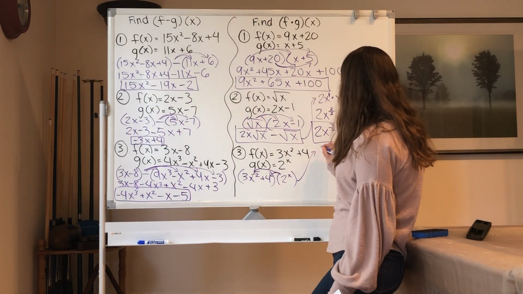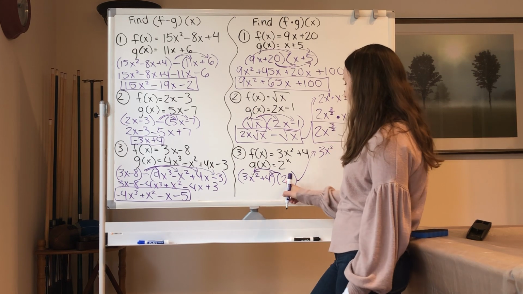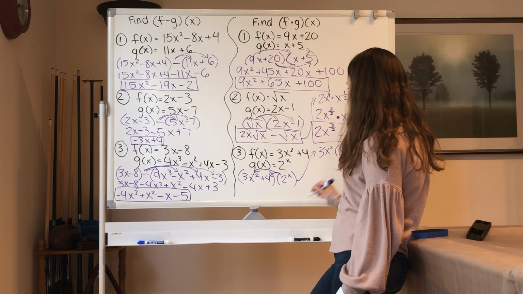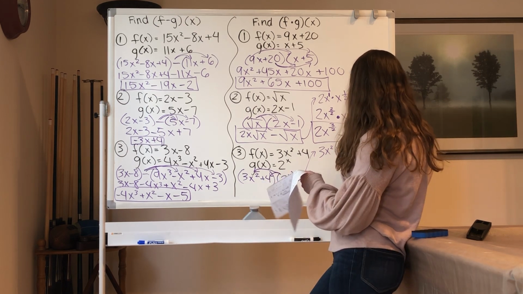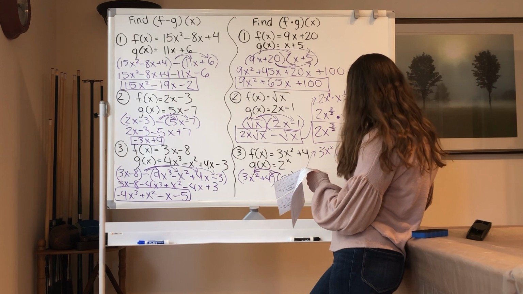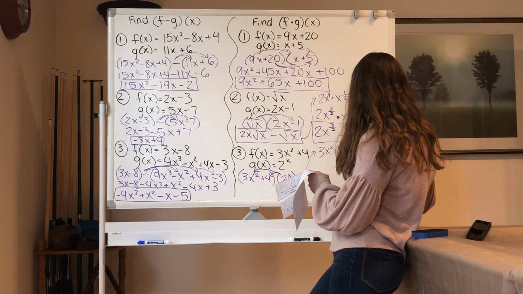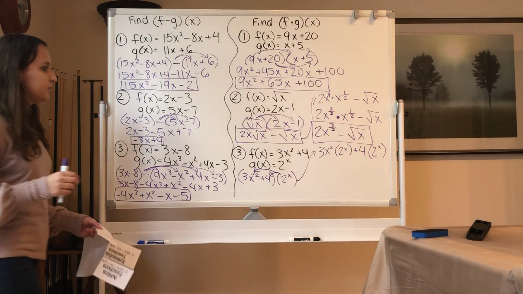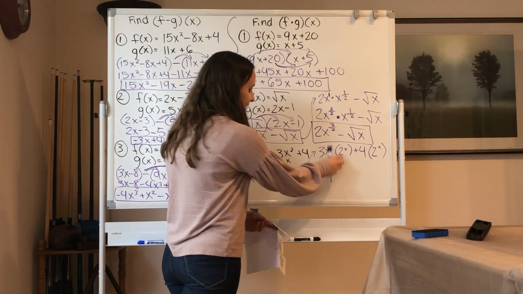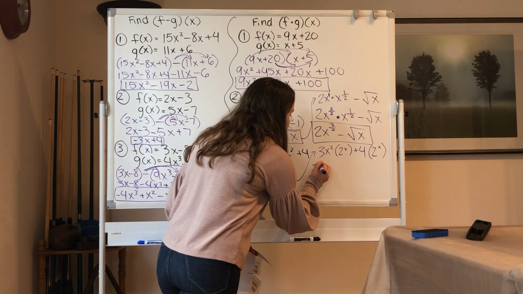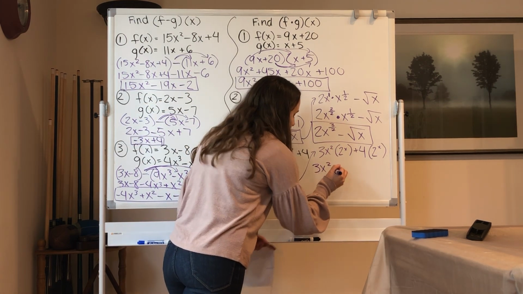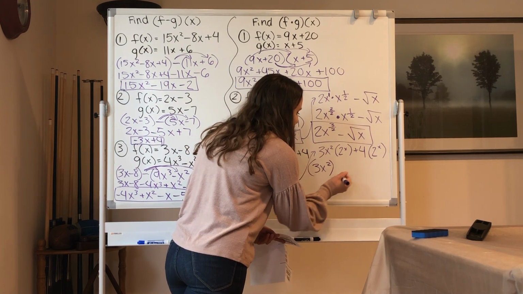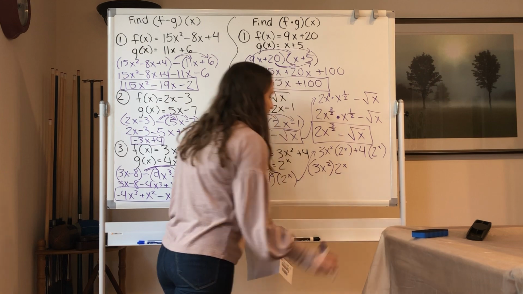So now that's 3x squared times 2 to the x, and then plus 4 times 2 to the x. There's nothing I can do with this first part, so I'm just going to leave it as 3x squared times 2 to the x. You can either put it in parentheses like this, or put a multiplication sign in between. It doesn't really matter.